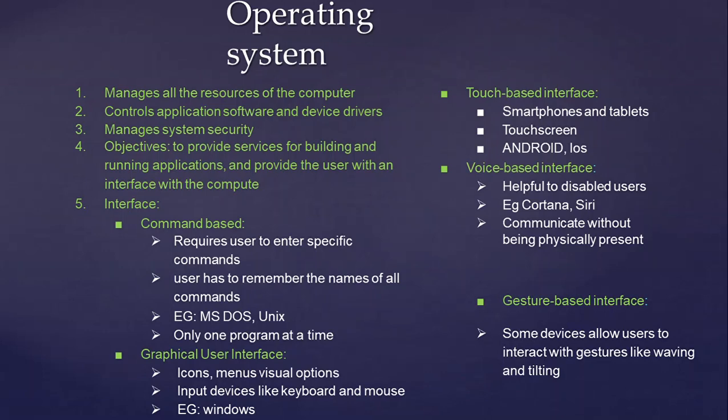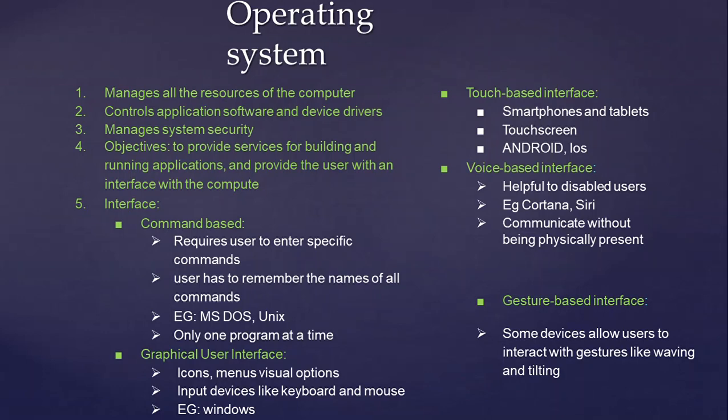Command-based requires the user to enter specific commands like MS-DOS and Unix, only one program at a time. GUI uses icons, menus, and other visual options. Input devices like keyboard and mouse are used with them. For example, Windows.